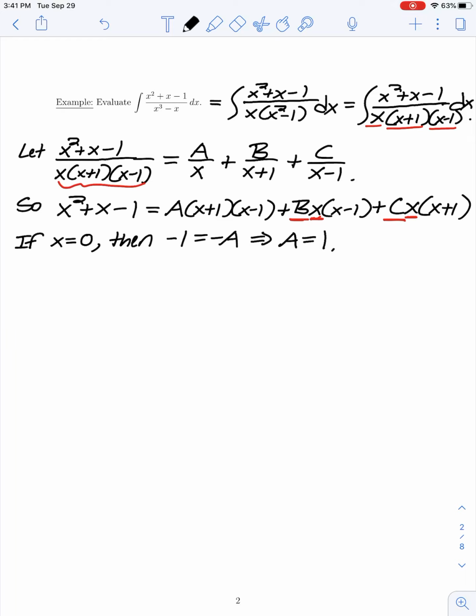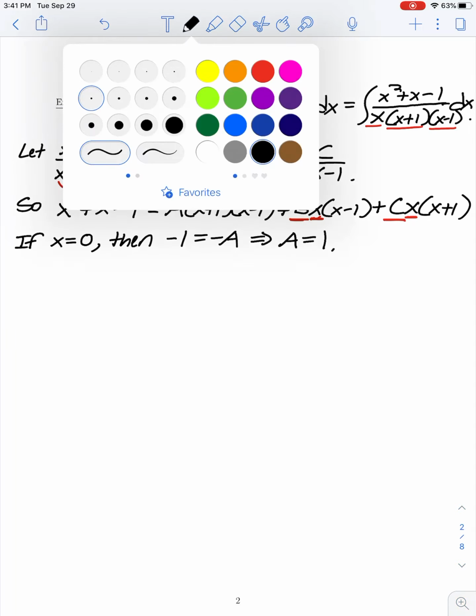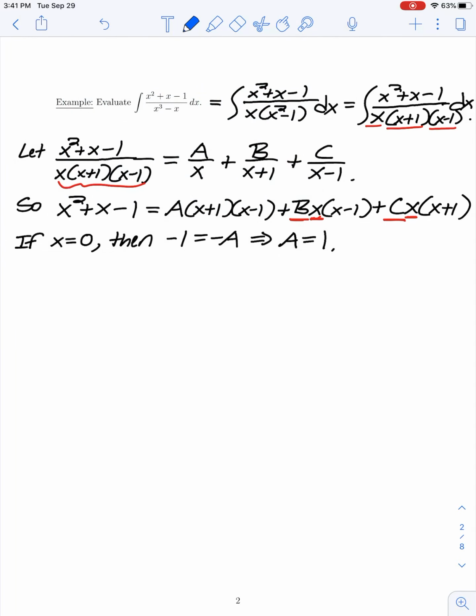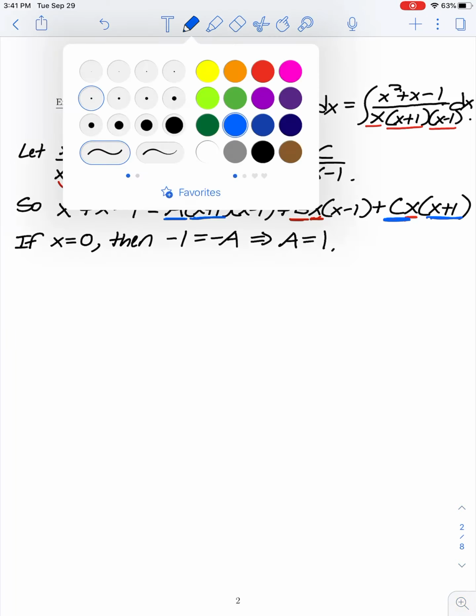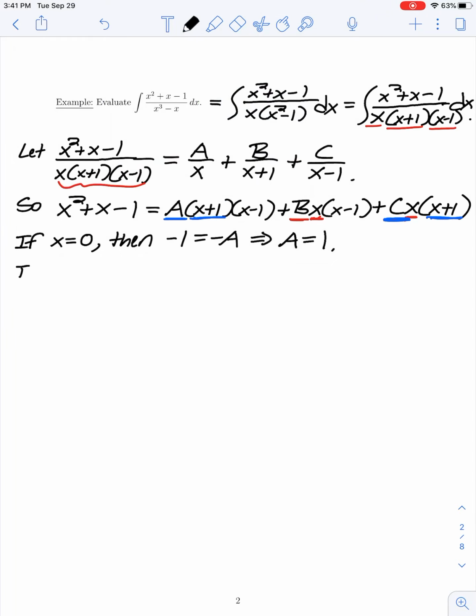Now, if I want to solve for b, let me ask myself for the terms involving a and c, what value of x I could substitute in to kill off those terms. I see that both of those terms involve an x plus 1. So if I chose x to be -1, then I would be left with something only in terms of b.